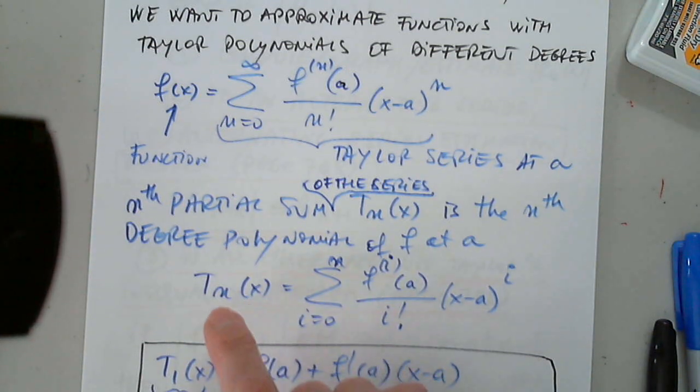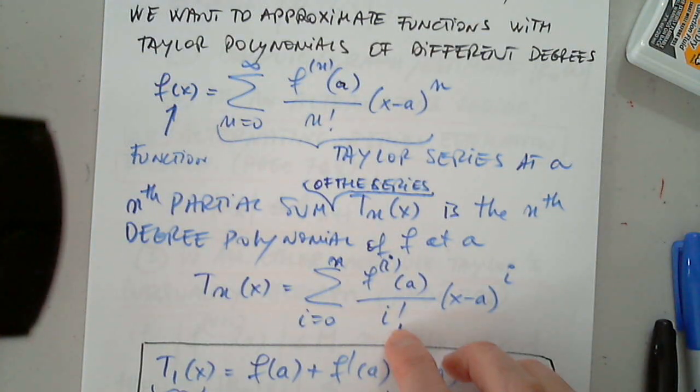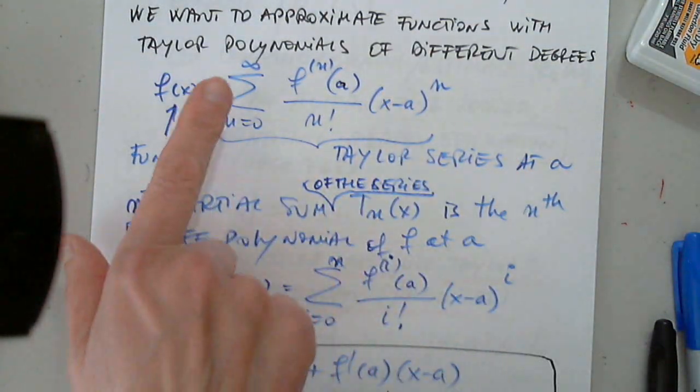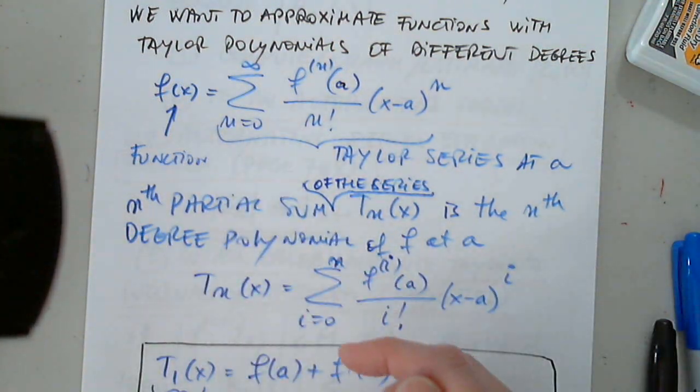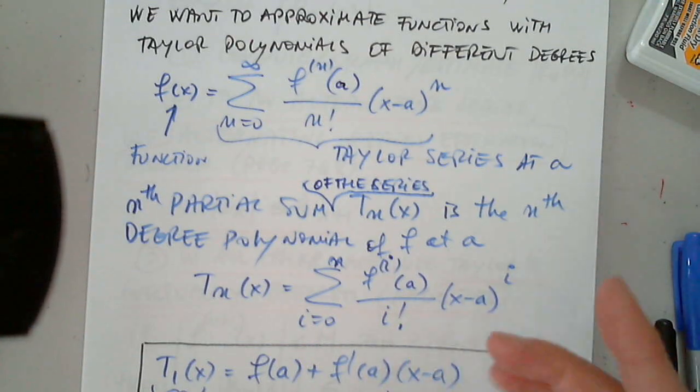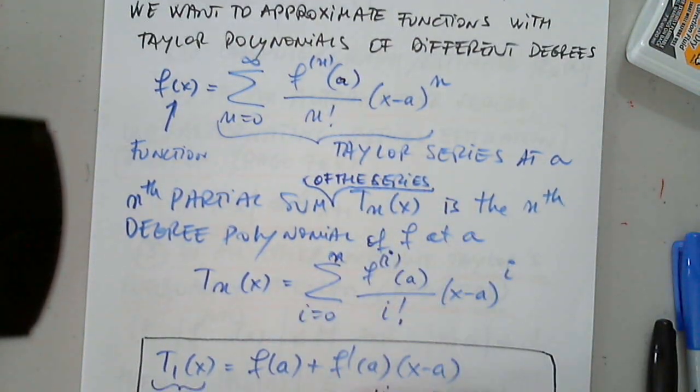So it's known. Then it's the ith derivative evaluated at a over i factorial, everything the same, it's just that we replace the infinity by n. And then we have to change the index from n to i, or j, or k, whatever you prefer, but it has to be a different letter.